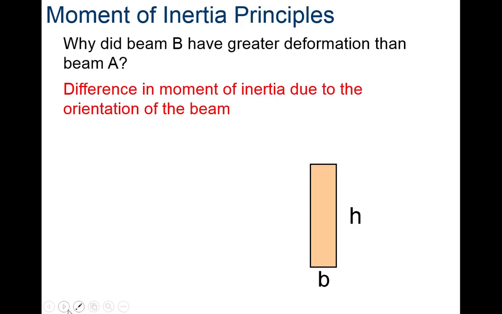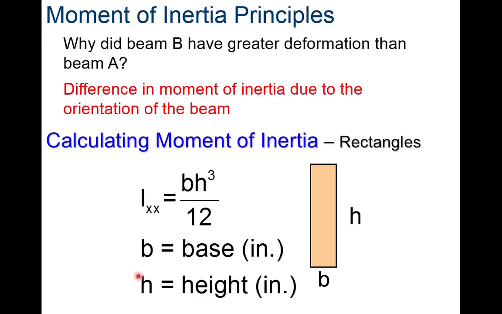All right, we can calculate moment of inertia, and let's jot down this equation. I sub xx, and this just has to do with along the x-axis. That's not really important. And bh cubed over 12. Let's jot that down, and let's draw this rectangular shape.